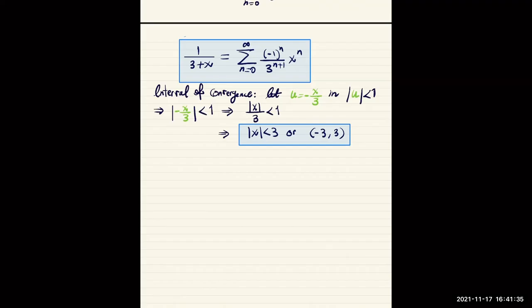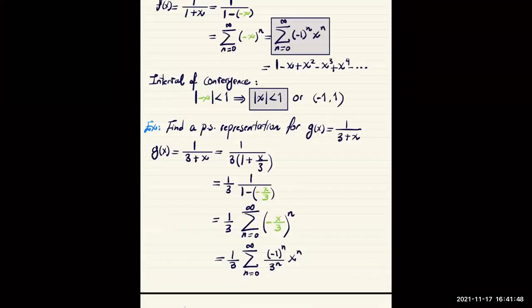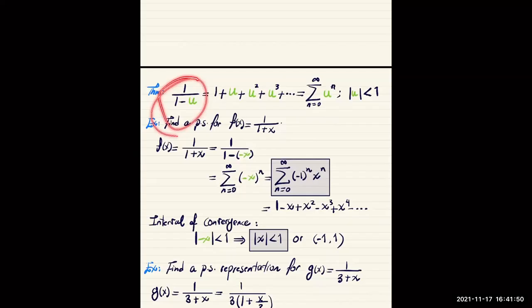No, Ahmed, the power series is gonna diverge at -3 and 3. For sure, it's gonna diverge, Ahmed, because this is a geometric power series, and we know that the geometric series is going to for sure diverge when the ratio is 1 or -1.